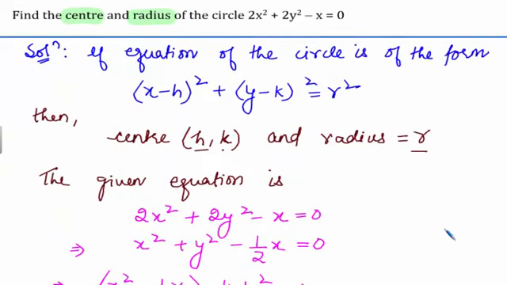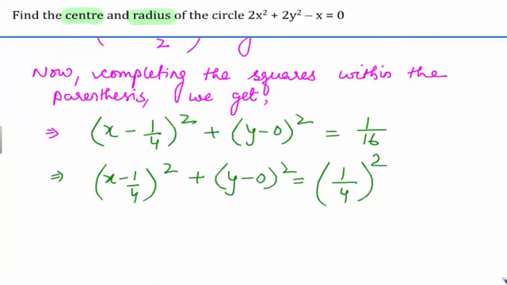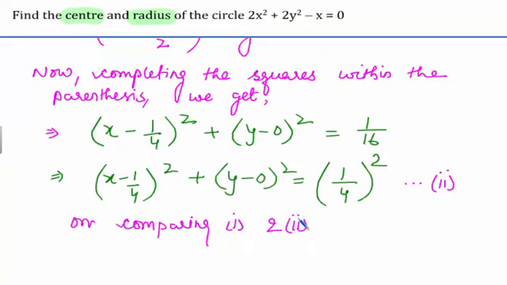Now let us denote the standard form of the equation of the circle by equation number 1 and this equation by equation number 2. Now on comparing equations 1 and 2, we see that h is equal to 1 upon 4, k is equal to 0 and r is again equal to 1 upon 4.